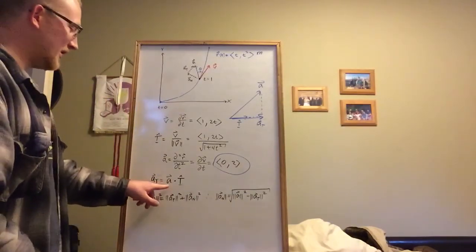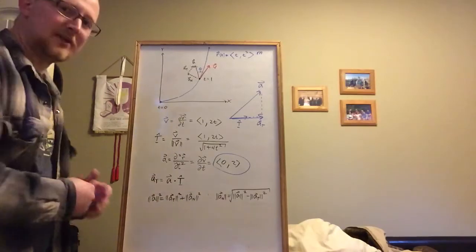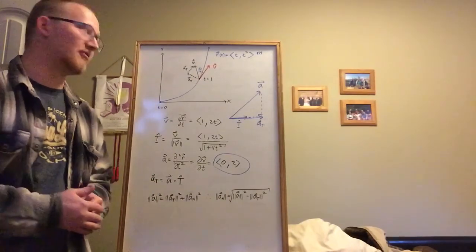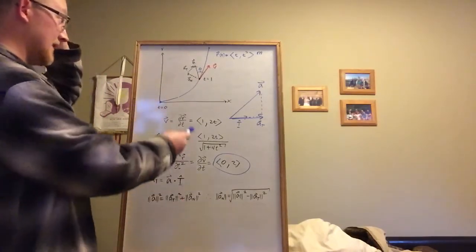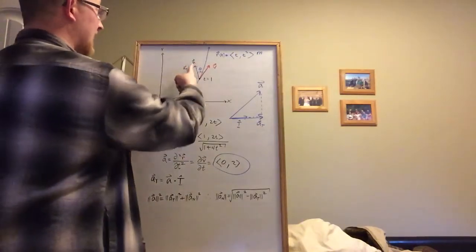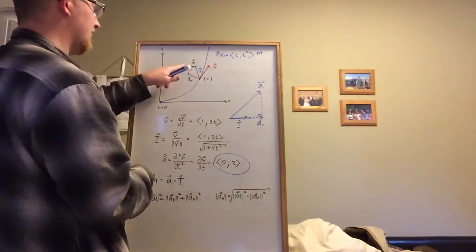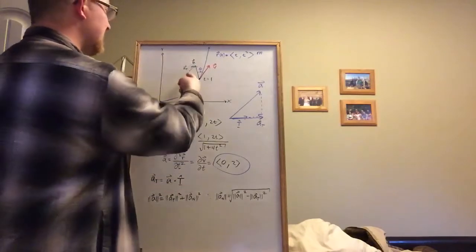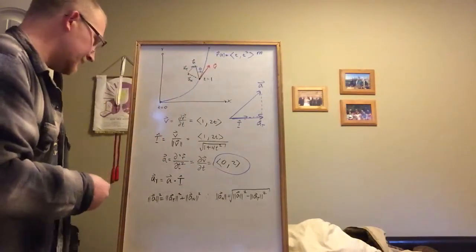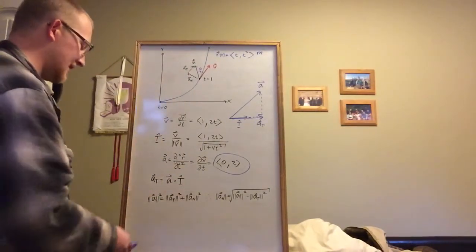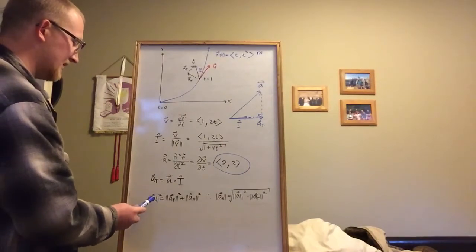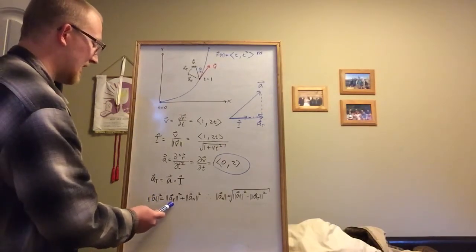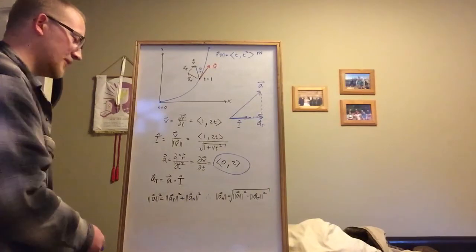So now that we know acceleration tangential and we know acceleration, there's going to be a Pythagorean identity involved here. As you'll notice, a is the hypotenuse of a triangle that has a_T and a_N as side lengths. And so if we want to solve for a_N, we can use the idea that the hypotenuse squared equals the opposite squared plus the adjacent squared.